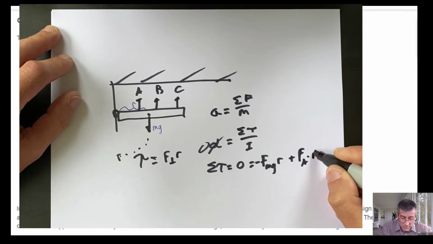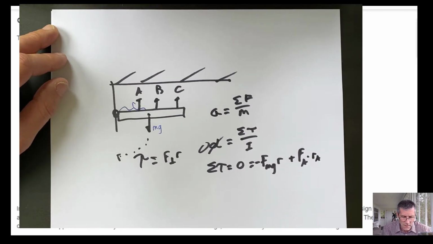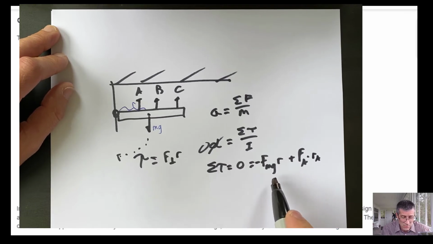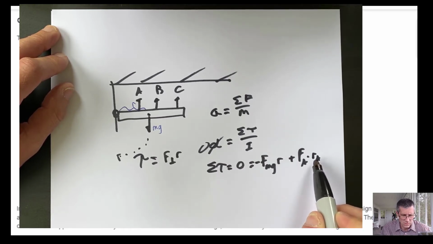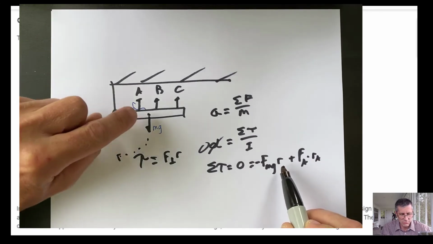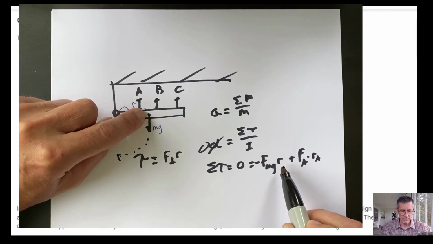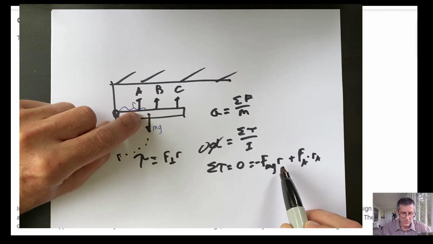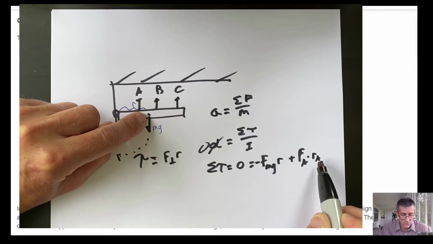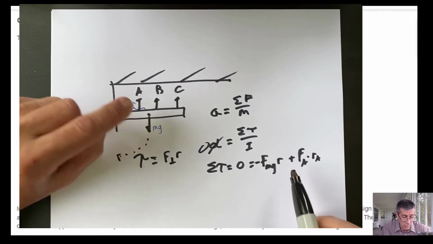So I'll call this R sub A. You can rationalize how this is going to work. If R is identical, so if I was to put this position directly above the center of mass, my distance would be identical and my forces would be identical. And hopefully that makes sense.